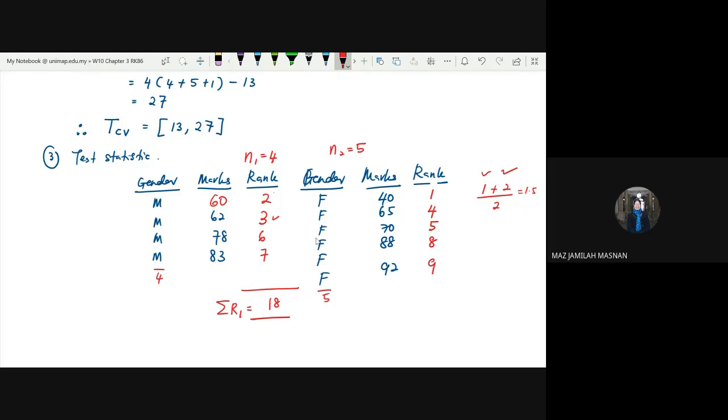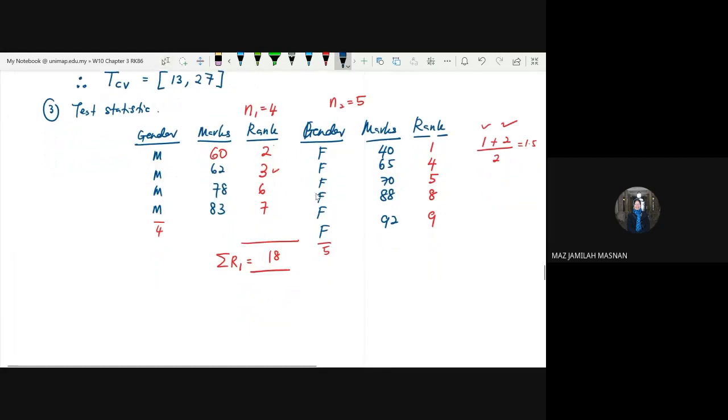And the sum for rank 2, never mind, we'll just leave that one. Just concentrate on rank 1 only because it is the one needed for your solution. Now, done with identifying your n1 and n2. If you have different n values, take the smaller; if it is the same, just take the n value.